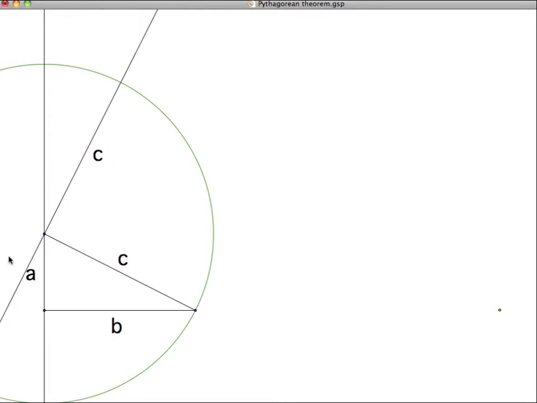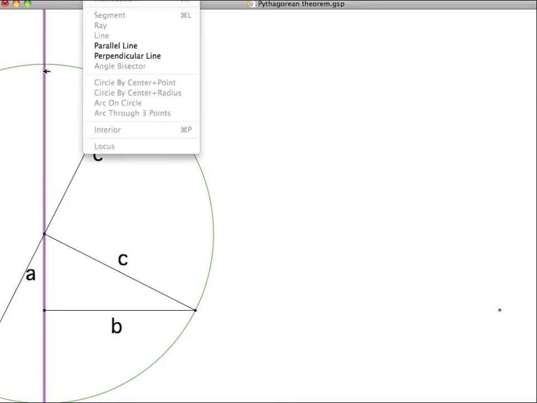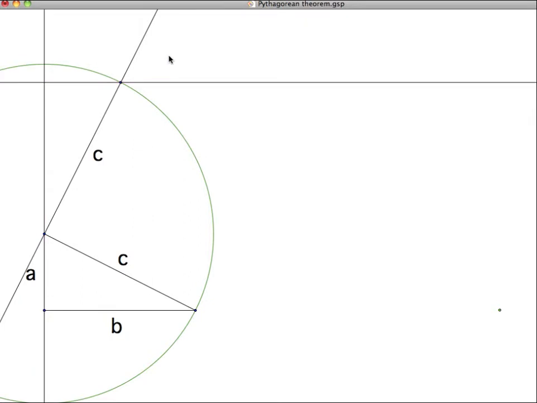Garfield then constructed a perpendicular line at the intersection of the circle and the second radius, so right here, with this line right here. So we can construct that perpendicular. And what you can see is that the second right triangle is now visible.